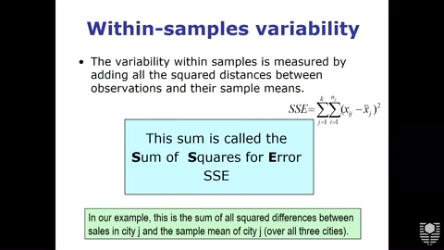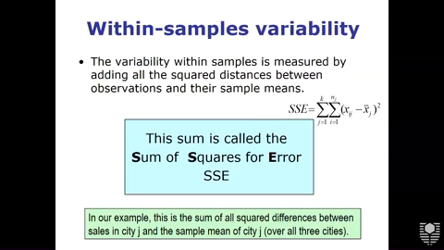So within the sample, we are going to have the summation of squares for errors, SSE. There are some errors within the samples that lead to differences between the samples, so we still need to calculate SSE.